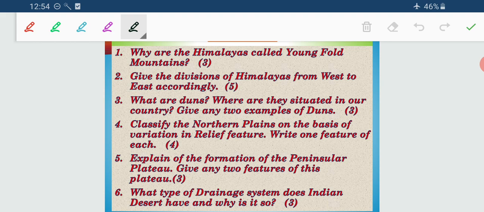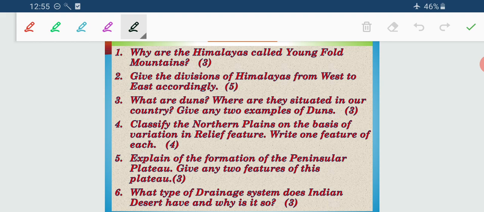And number 3, the floodplains region, that is the Bangar and the Khadar. Bangar is old alluvium, and Khadar is new alluvium. Bangar is of calcareous deposition, Khadar is of fine deposition. Bangar is away from the river bank, Khadar is closer to the river bank, and it is renewed regularly at a proper interval. So these are the classification and the features.